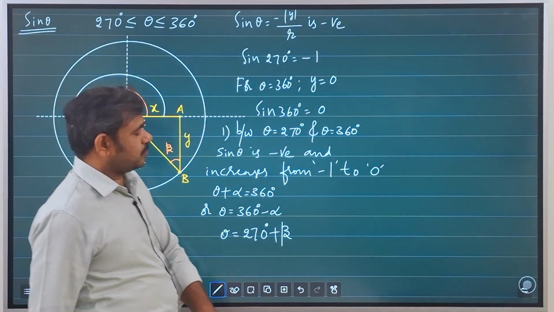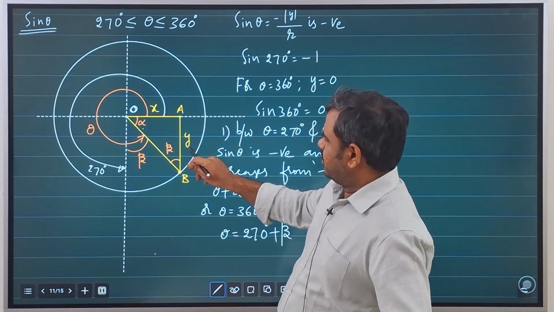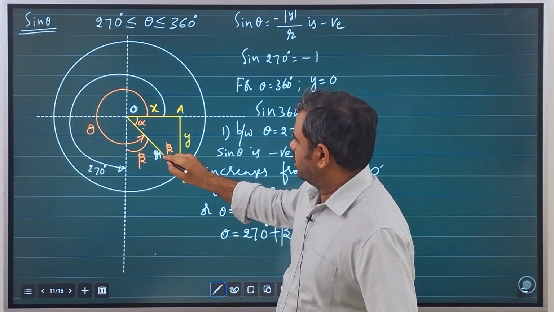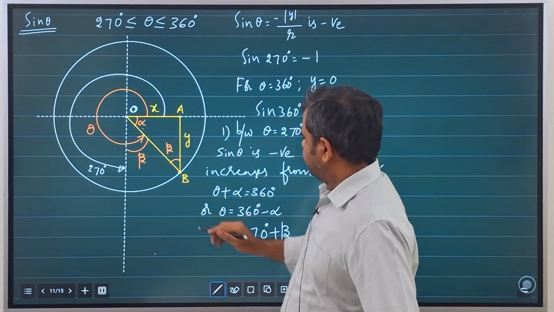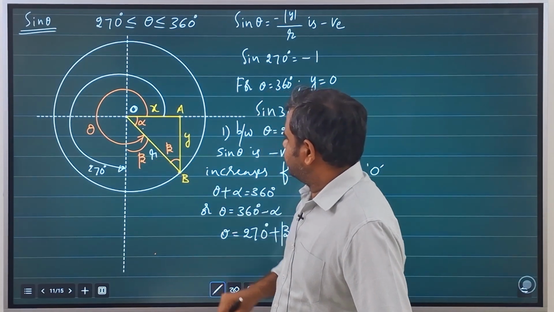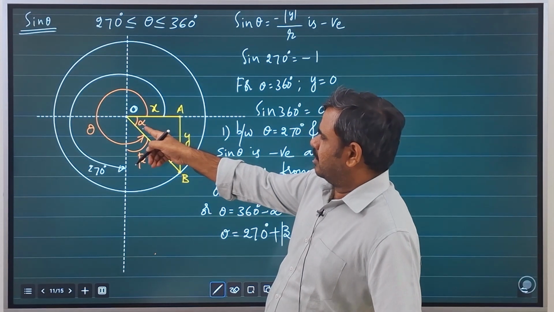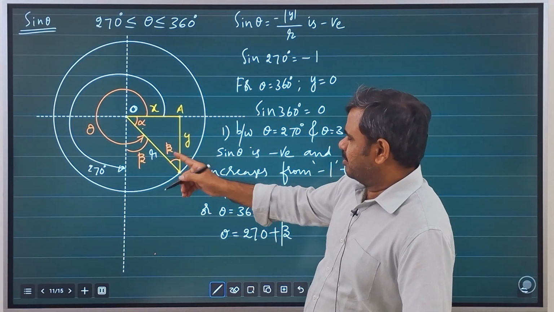Look at y by r in the figure. In the figure, this is r. Y by r can be equal to sin alpha or cos beta.